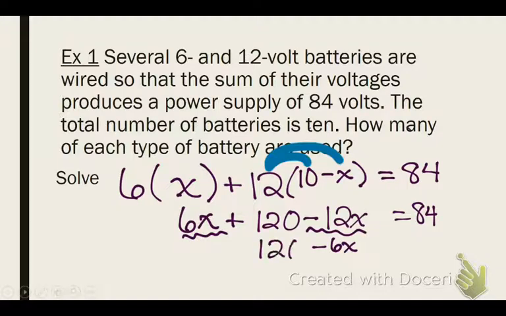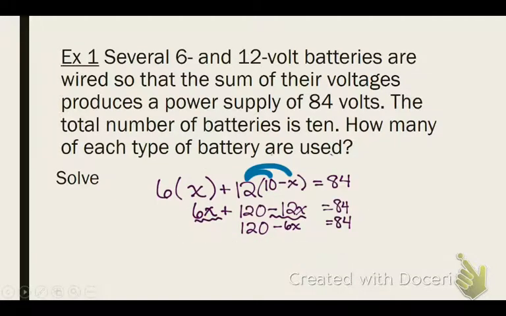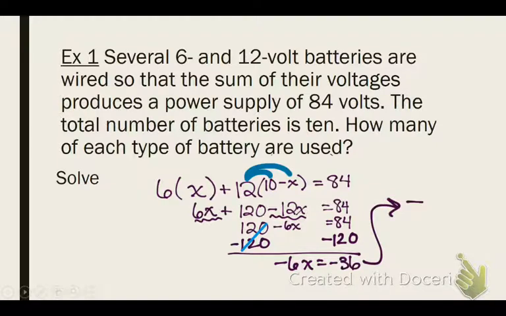I still have the 120. Equals 84. Take away 120. Because I'm running out of room, I'm going to write it off to the side. Divide by negative 6 on both sides. It looks like X equals 6.